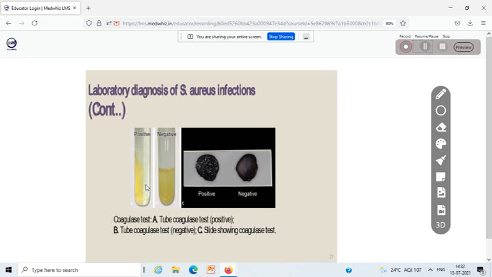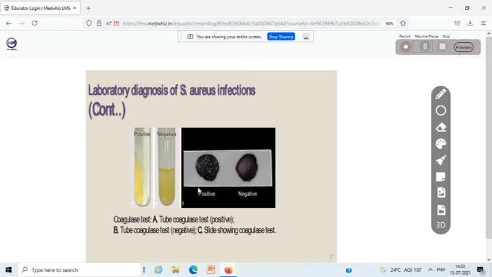Here in this tube coagulase, we would take a certain amount of distilled water, mix it with the patient's plasma, and then we take the colony growth and inoculate it into this and leave it for 4 hours. If it is coagulase positive, then you will see a coagulum forming here, like a clot. And if it is negative, the media would still be liquidy.